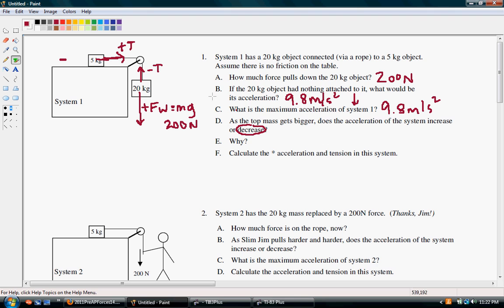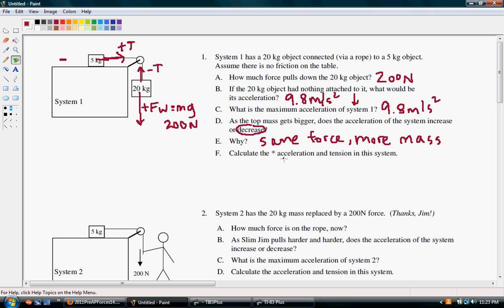Why? It's because we have the same amount of force being applied downward, but now we have more mass. As the mass increases, we're going to have more inertia in the system, more resistance of these objects to move, so the acceleration will decrease.